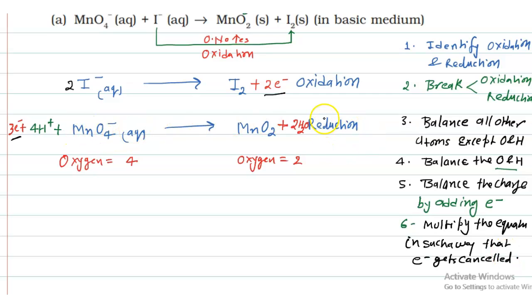So we multiply this equation by 2 and this equation by 3. Now we can write as follows.